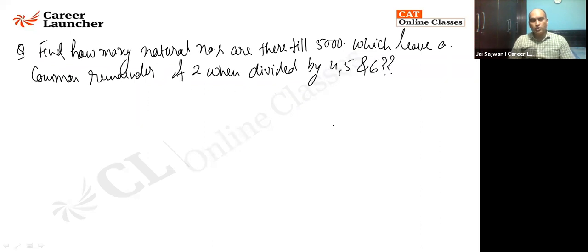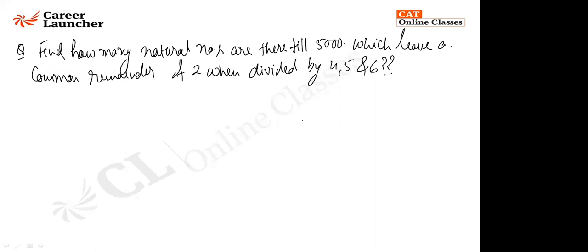I'm asking how many numbers are there till 5,000, including 5,000. Means whether you divide this number by 4 or by 5 or 6, it leaves a common remainder of 2. So find out how many numbers are there. Come on, you try first.